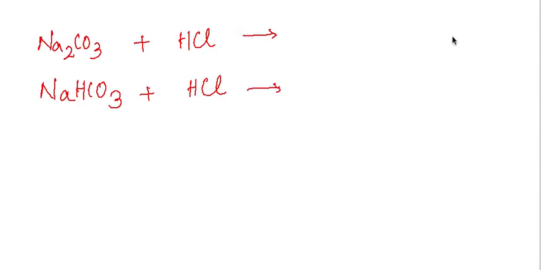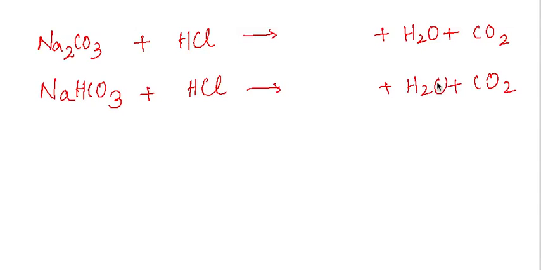So we can conclude that one of the products which is getting formed is carbon dioxide. Now along with carbon dioxide we get water in both the reactions, and also definitely we are going to get a salt. What is that salt? NaCl in both the cases.